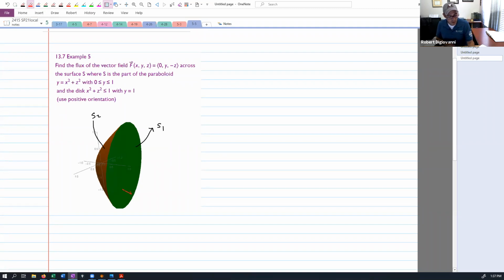So my normal vectors on S1 are going down the y-axis, pointed out towards the positive y-axis, right? Let's deal just with S1 right now. So on S1, we're trying to find the flux.